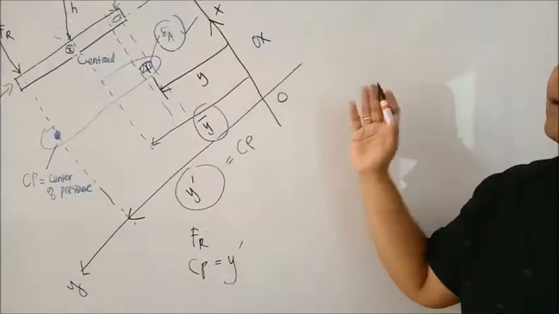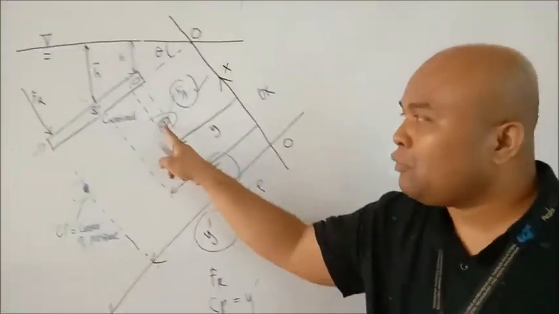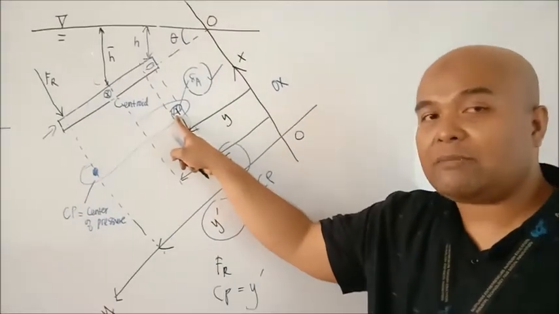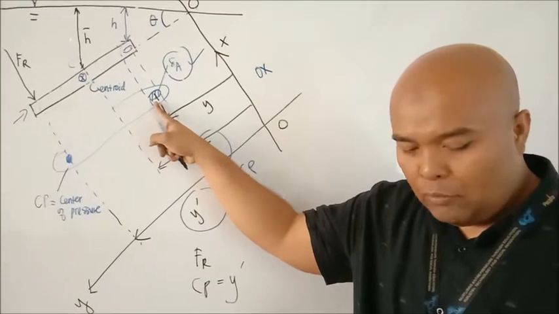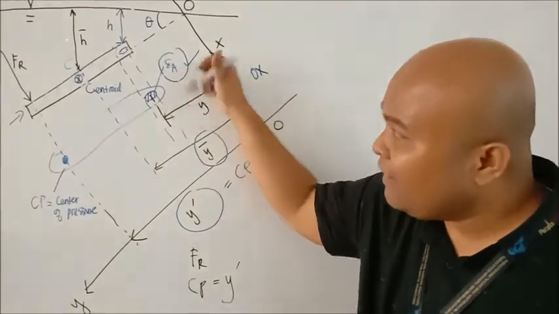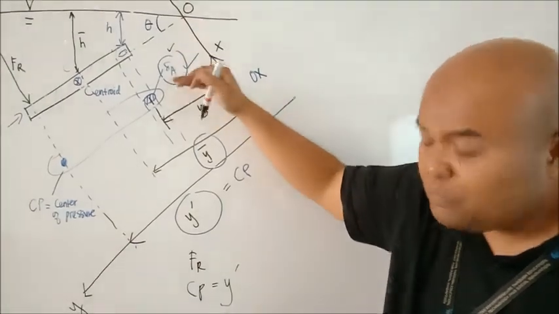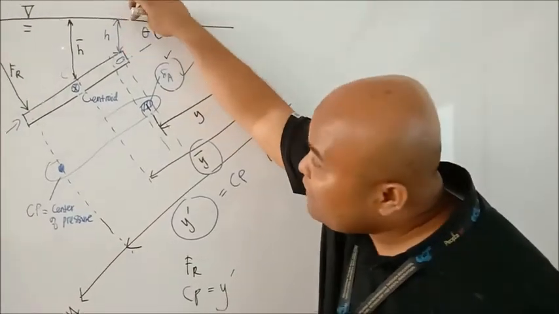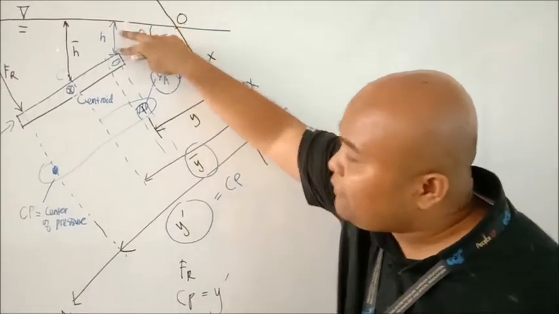Jadi to derive the equation, kita mengambil satu elemen. Kita panggil dia sebagai elemen area. Okay, and then one element with delta A mempunyai keluasan delta A submerged from free surface dengan distance banyak h, ya.